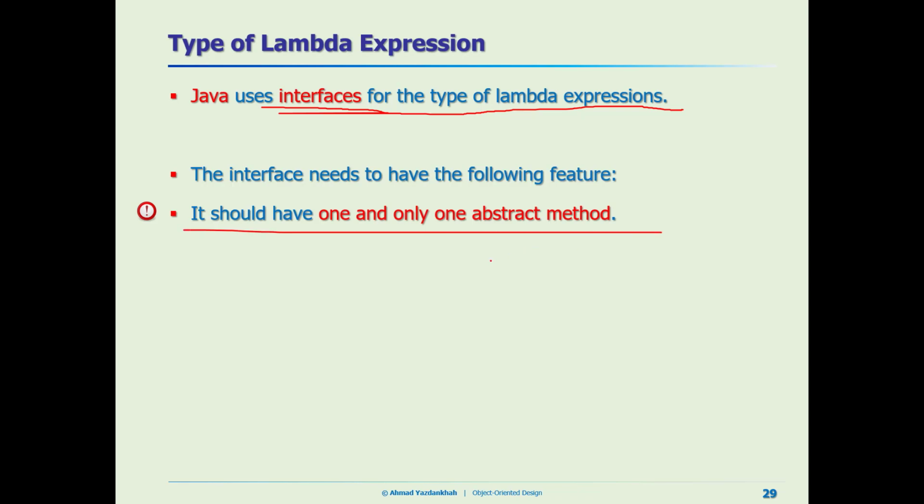So if you want to use an interface for a lambda expression, you need to create an interface that has one and only one abstract method. And these kinds of interfaces have a specific name. We call them functional interfaces. All right. So let me officially define this in the next slide.